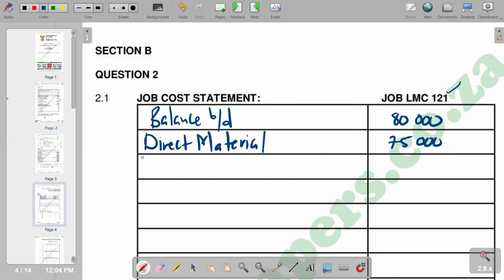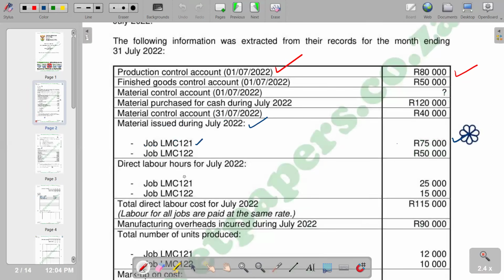From there, we check another cost of that job: direct labor. Direct labor is given as direct labor hours, not the amount. For 121, we've got 25,000, and then beneath that, we're given total direct labor cost of 115,000. So basically, we add 25,000 plus 15,000, and you get 40,000.